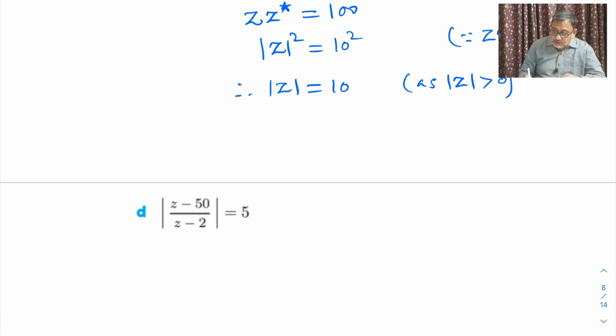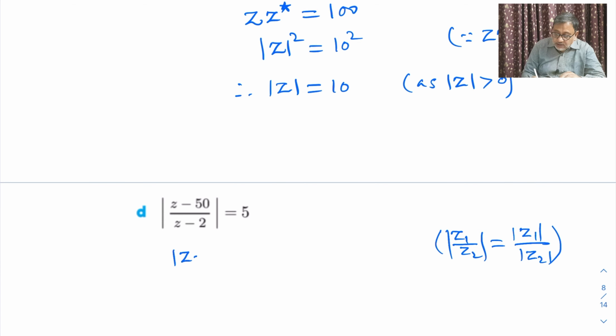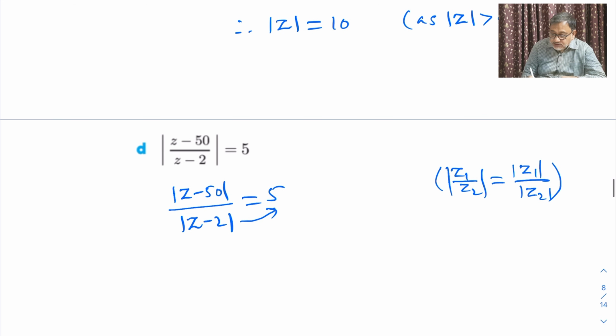So again, using the property of modulus of z1 over z2, it can be separated as modulus of z1 over modulus of z2. So using this property, I will split numerator and denominator with the modulus, equal to 5. Now I will take this there.